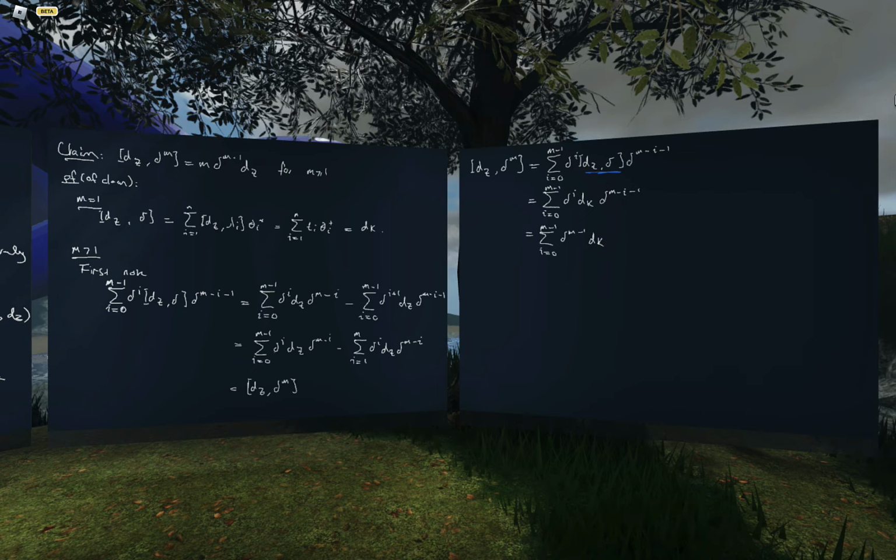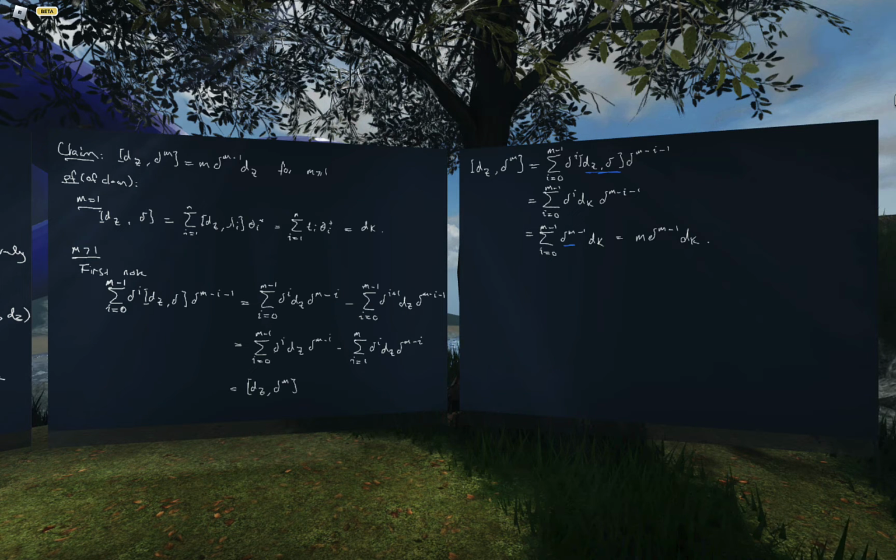Which gives us, oh, yep, cool. This doesn't involve i, so this just gives us, and there's m terms in the sum, so this just gives us m delta m minus 1 dk. Okay, and that concludes the proof of the claim.